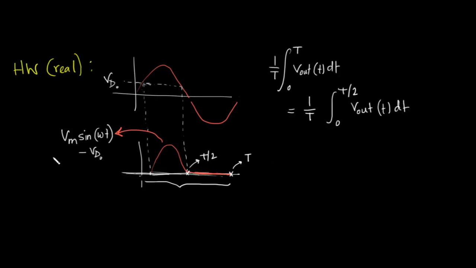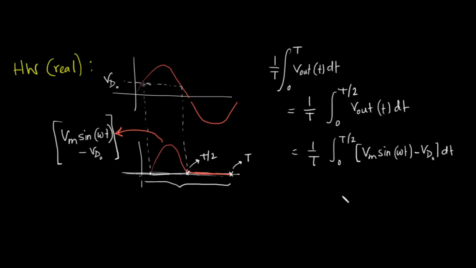Now what is V out? We found that this is V out. So we can put this value here: 1 by T, integral from 0 to T by 2 of Vm sin omega t minus Vd naught dt. Now there is also another catch.